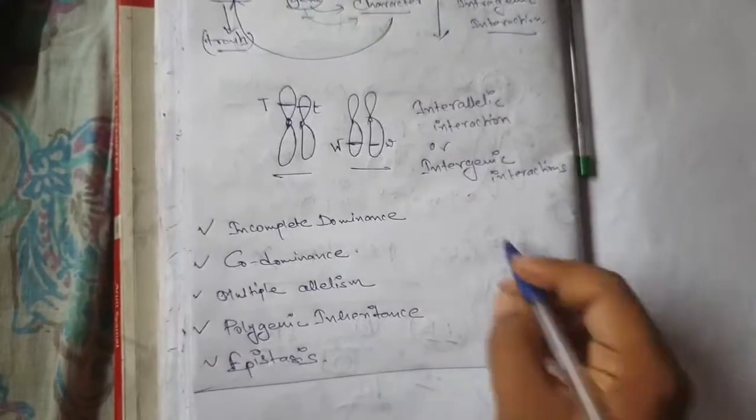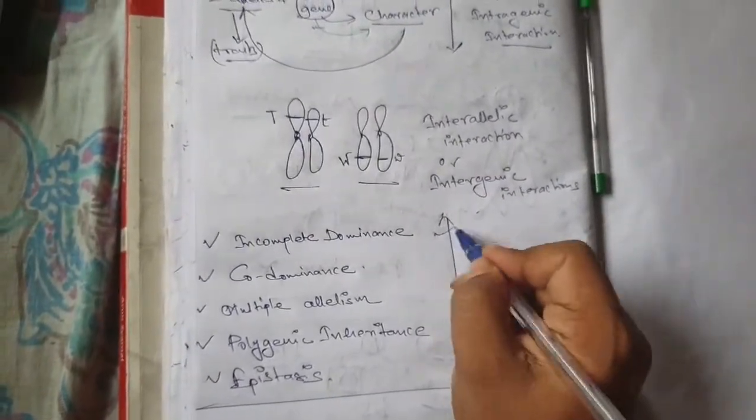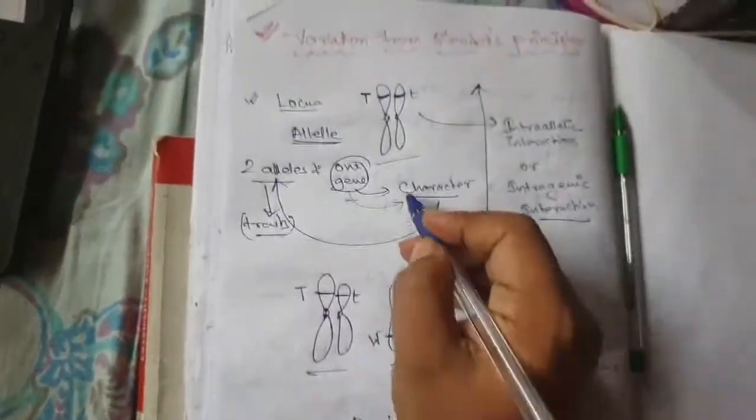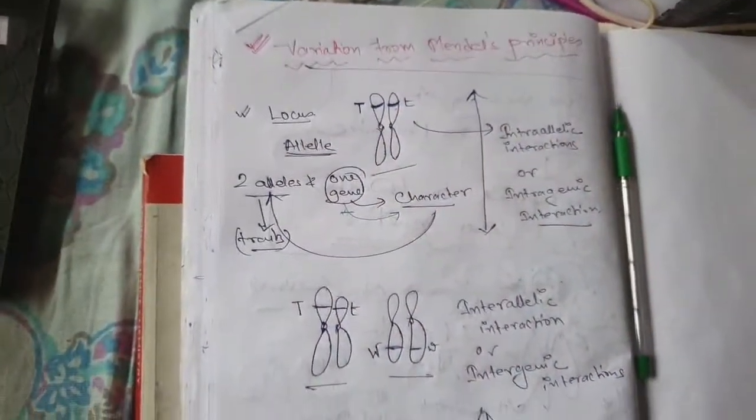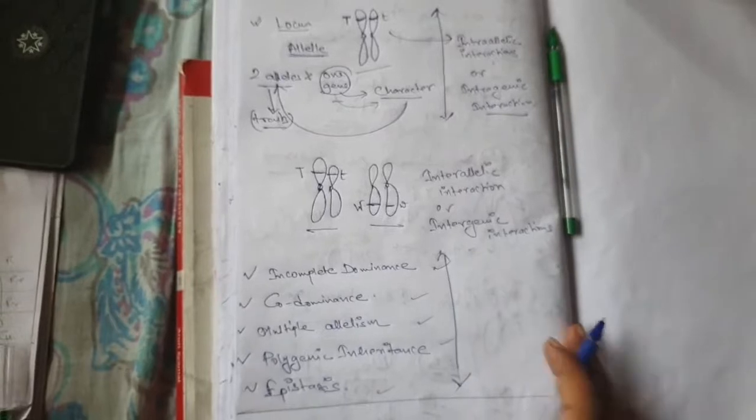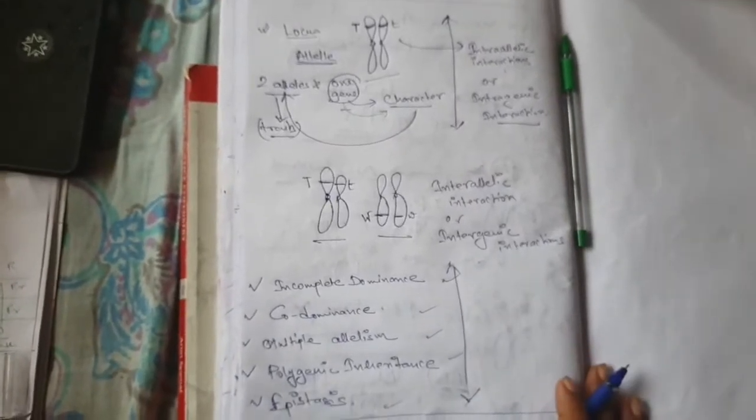So in our course of videos, we will try to understand these five topics, which are actually the variations from Mendel's principles. I hope that you understand what I have said up to this much.